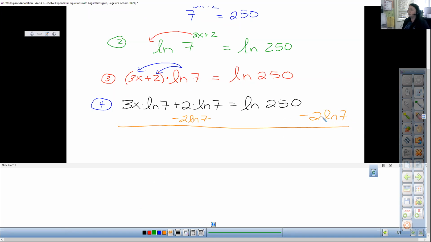You'd first have to undo the 2 using the power property, which would make this the natural logarithm of 49, and then you could use the quotient property, which would make this the natural logarithm of 250 over 49. So it's okay to do that, but it's not necessary. So now we have 3x, and I'm going to keep that dot there to help us remember that's multiplication, but it's not required. And I'm just going to write this as subtraction over here.